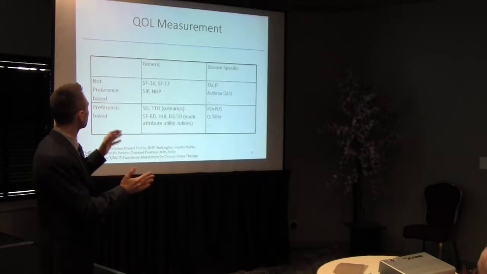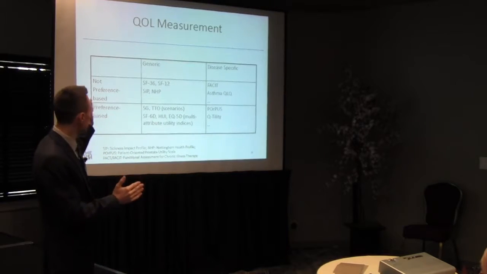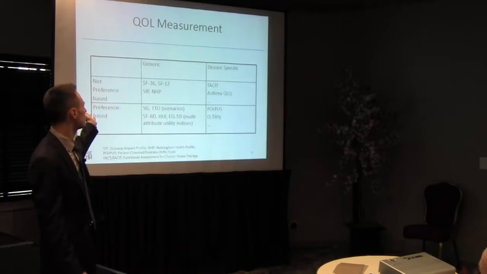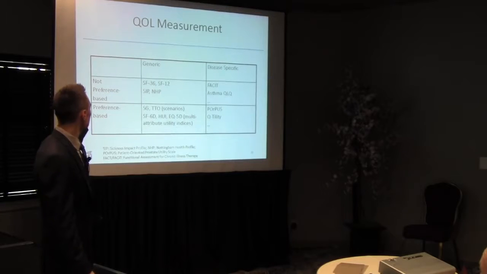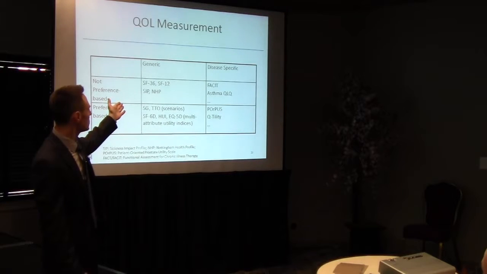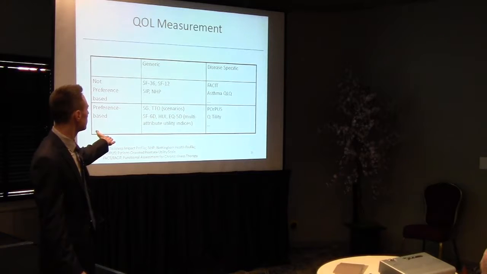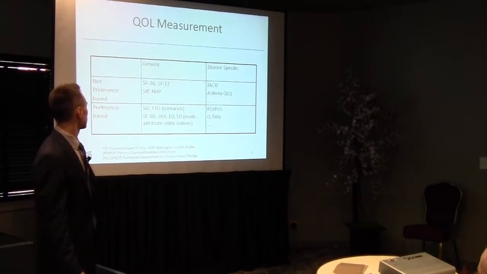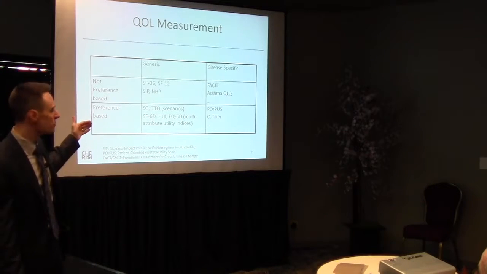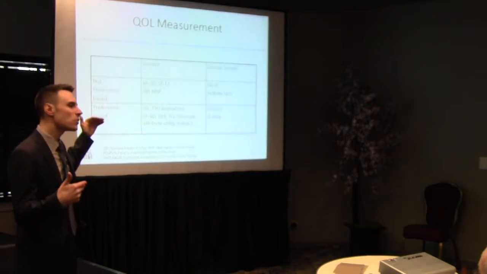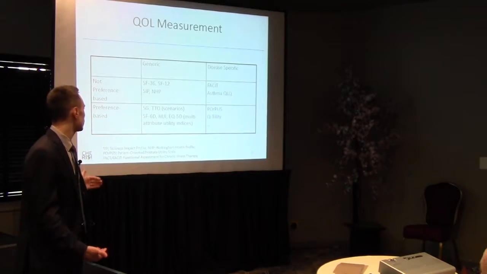But at any rate, you can see here a few examples in each category. We have generic instruments, let's say like the SF36, the SF12. But the problem is they're not preference-based, right? We have some disorder or disease-specific ones, like the Functional Assessment of Chronic Illness Therapy, Asthma Quality of Life. I don't know what the rest of it is, but anyway, we also have some of these preference-based ones that are nice, that are used, and we have values for those that were obtained using standard gamble or time trade-off.